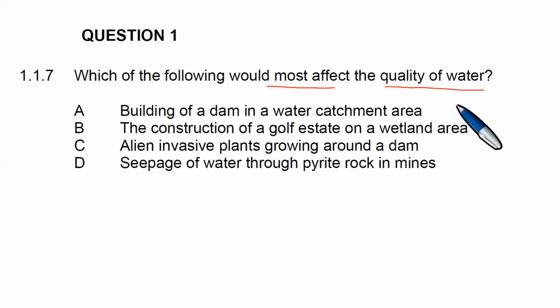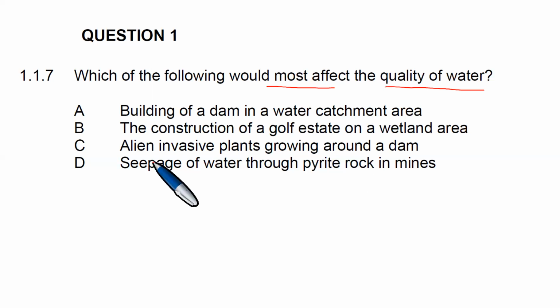Right. So it's obvious, this one. Obviously we agree that it cannot be A, because building a dam in a water catchment area really cannot affect the quality of water. The construction of a golf estate in a wetland area, no, it cannot affect the quality of water.